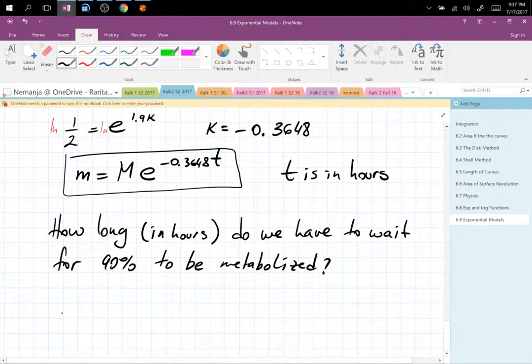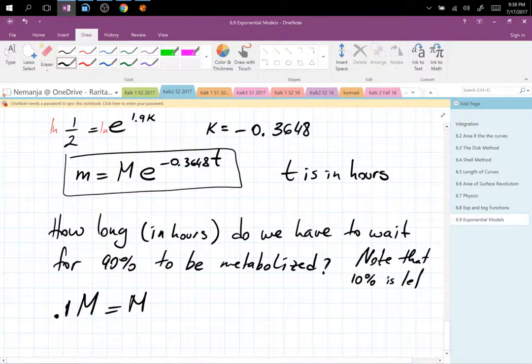Okay, so you want 90% gone of the original amount. So that's 0.9 m gone. Oh, sorry. So you want to have, do what? 0.1 left, yes. So if you want 90% gone, note that 10% is left. 90 and 10 is 100.